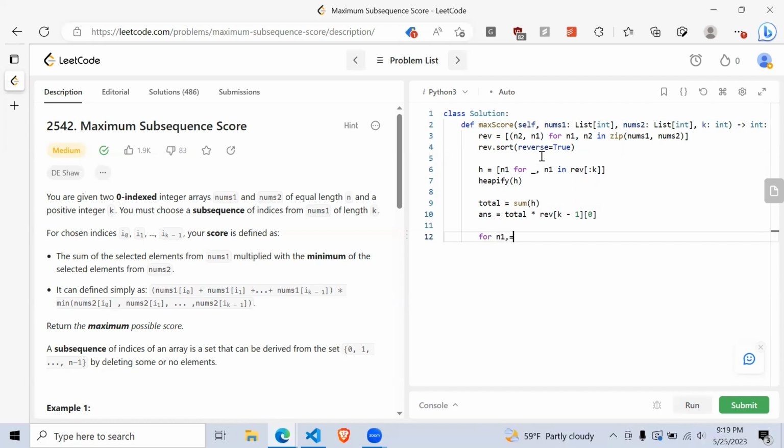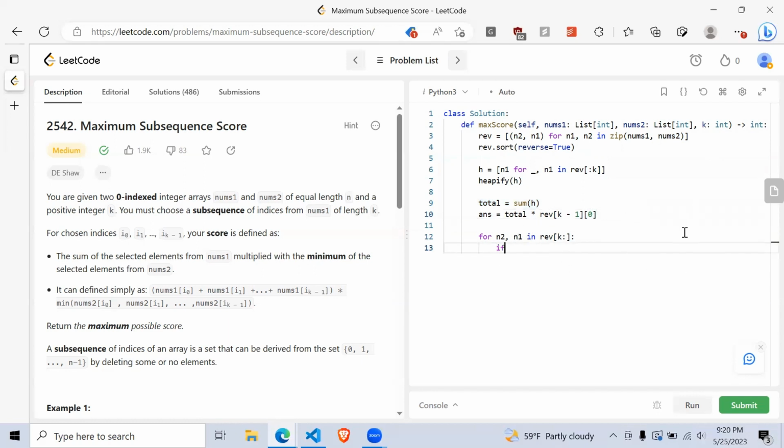So again, this is n2, n1 in reverse, starting from the k plus 1th number forward. First of all, we check to see if this new n1 is bigger than the smallest of the k we've seen so far.